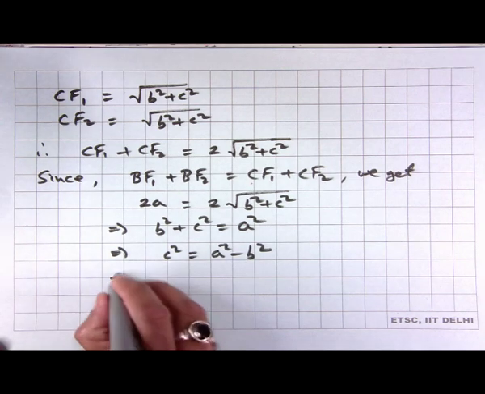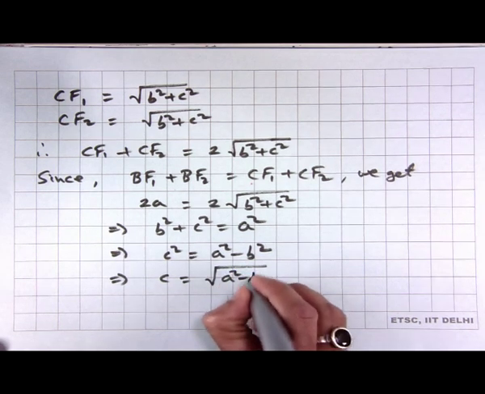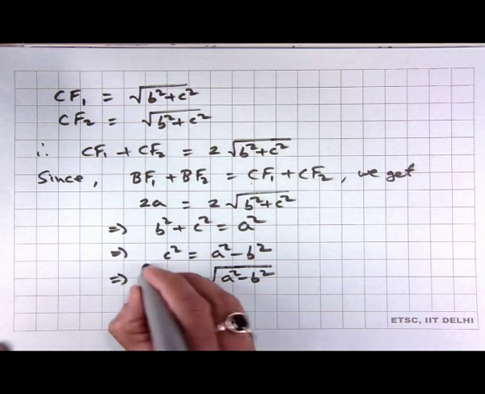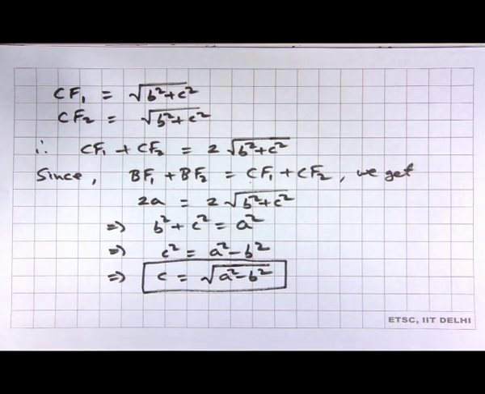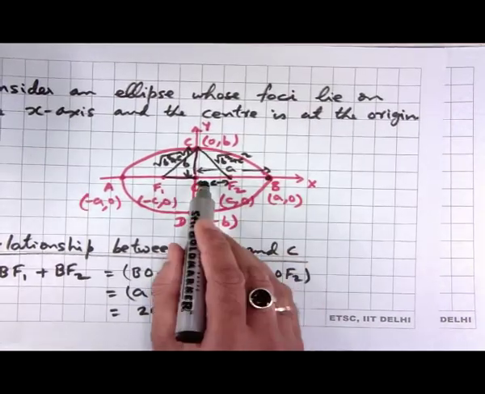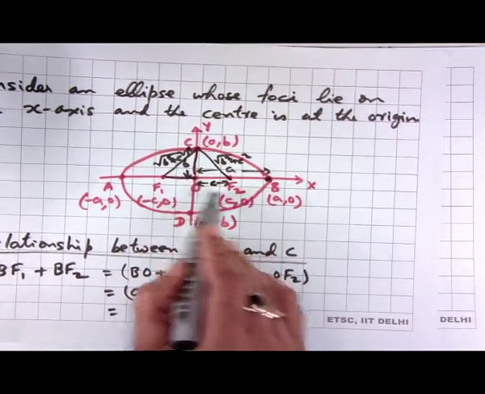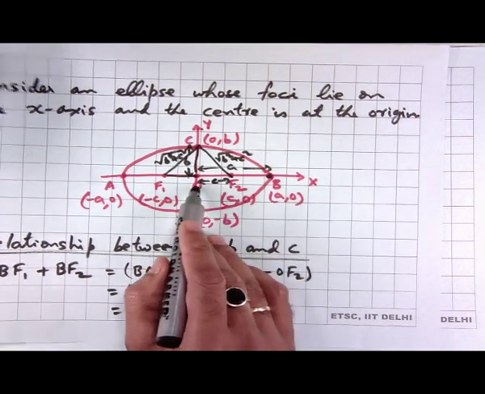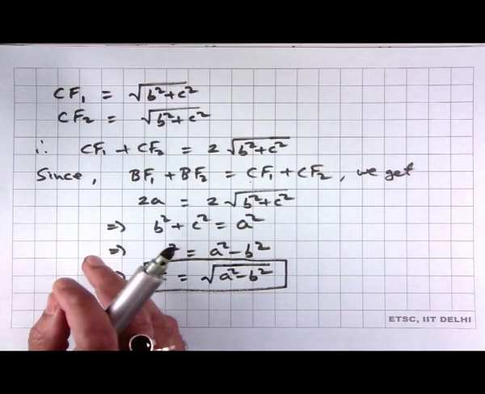So c is the square root of a squared minus b squared. This is the relation between a, b and c: if the lengths of the semi-major axis and semi-minor axis are a and b, then the distance of any focus to the center is c equal to the square root of a squared minus b squared.